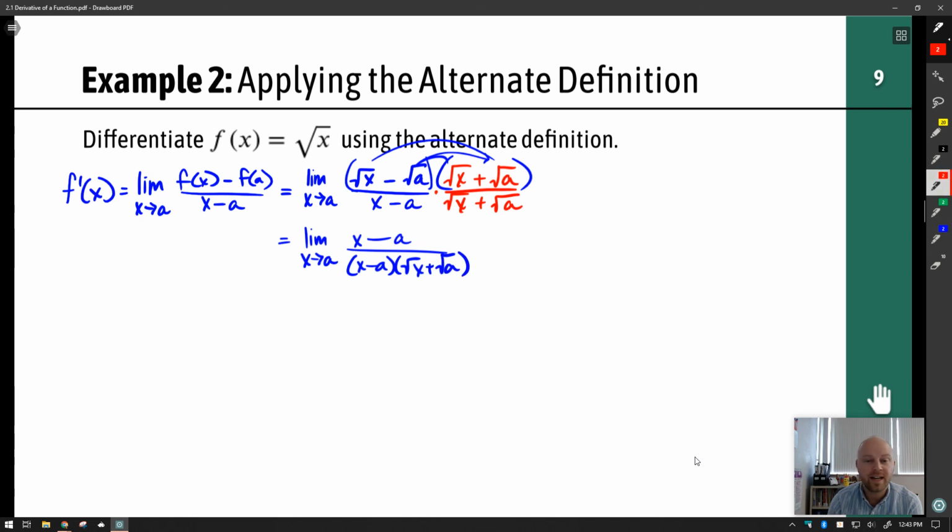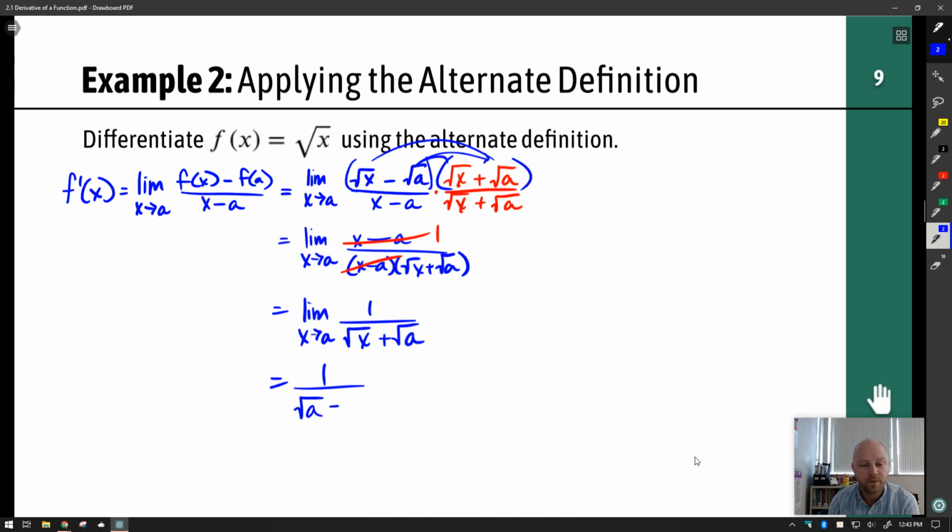And you may notice that the factor of x minus a completely cancels, leaving a 1 in the numerator. So now this becomes the limit as x goes to a of 1 over root x plus root a. And as x approaches a, we can now replace this x with an a and have 1 over root a plus root a, or 1 over 2 root a.